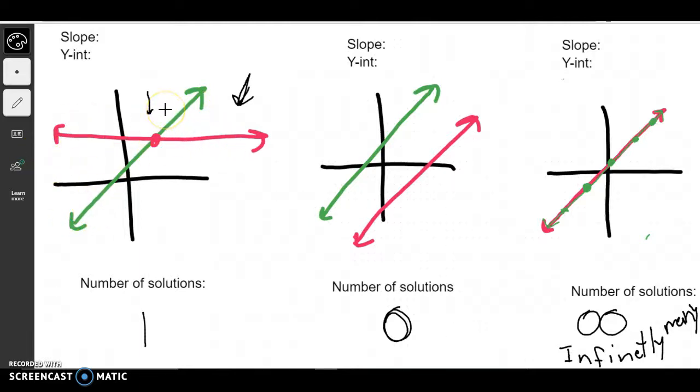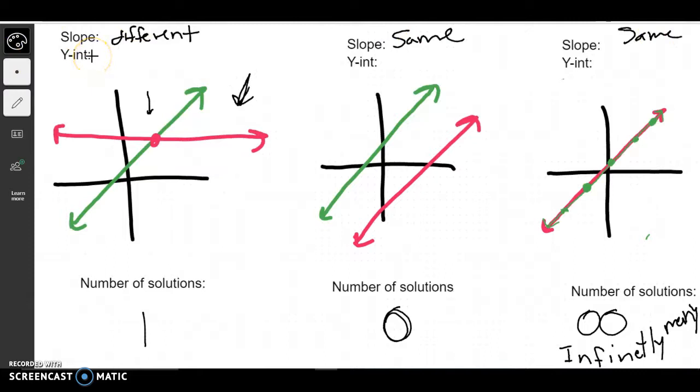So the slopes have to be different. The slopes of these lines, as you can see, go up by exactly the same amount, so they are the same. The slopes of these lines have to be the same because they're on top of each other.